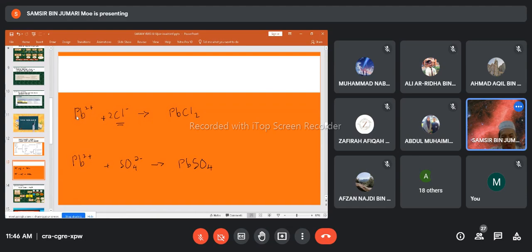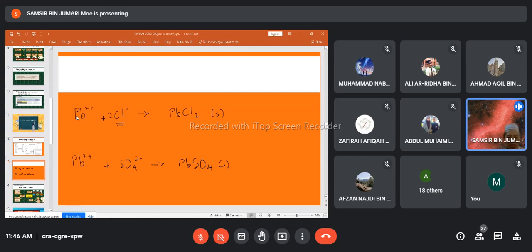This is the precipitate, the solid of lead(II) chloride, and this is lead(II) sulfate, an insoluble salt.